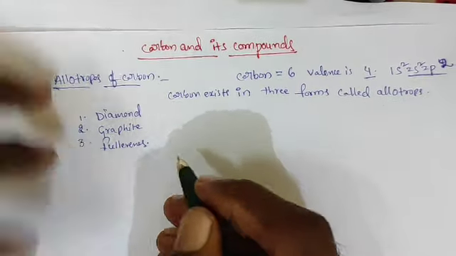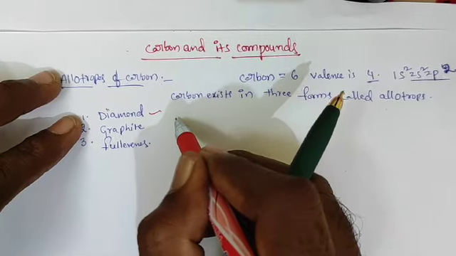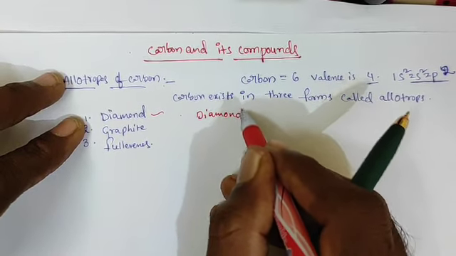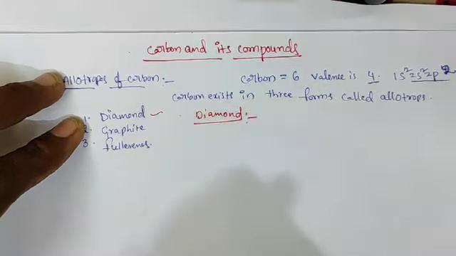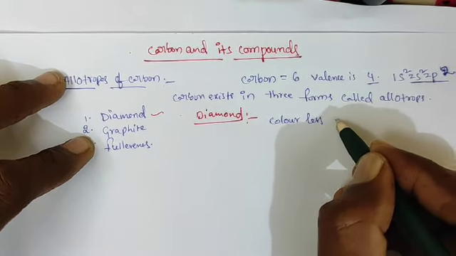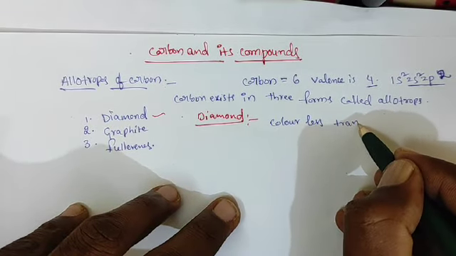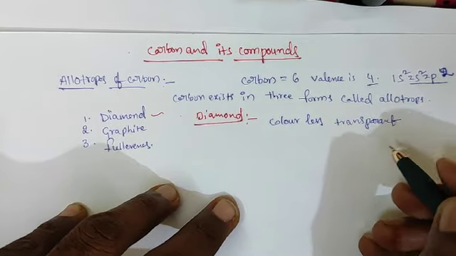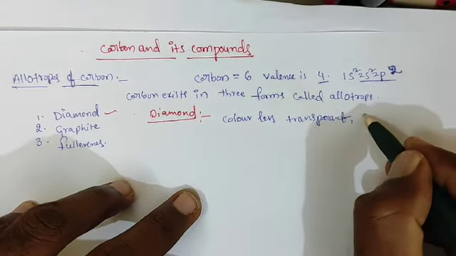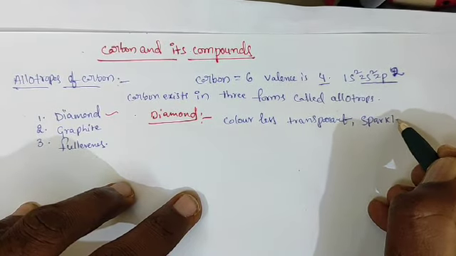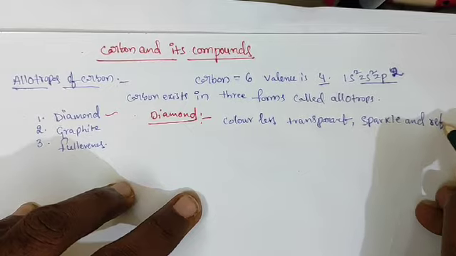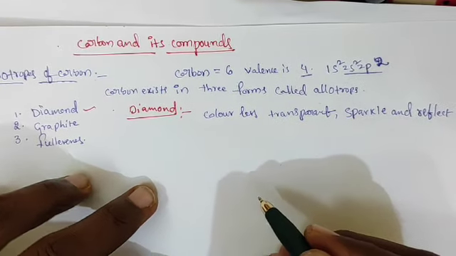First one is diamond. Diamond is colorless, transparent, and it sparkles and reflects light.